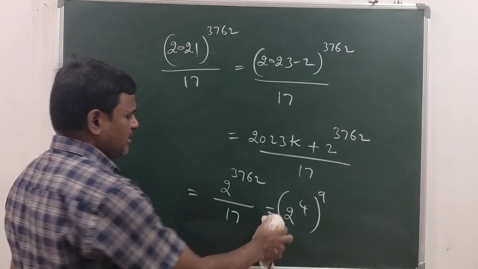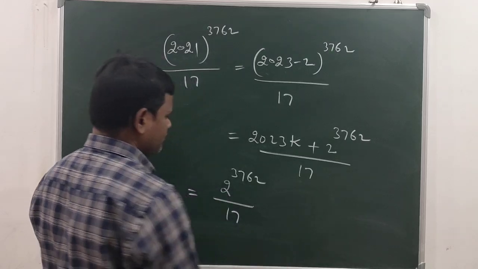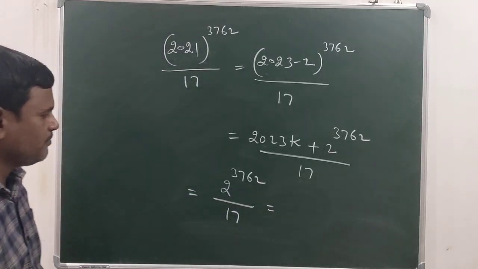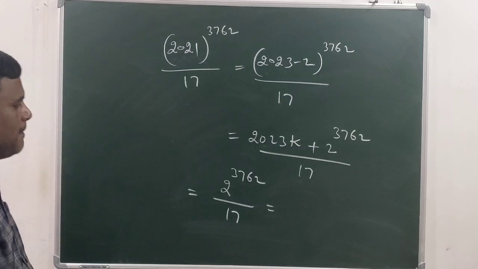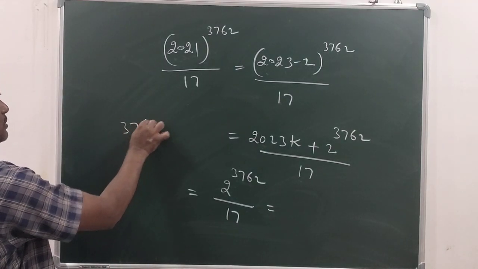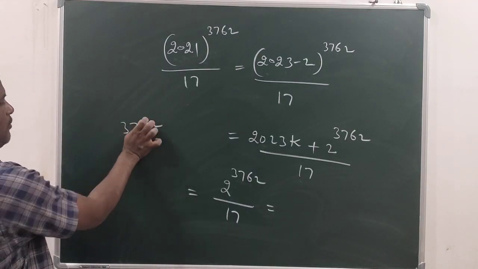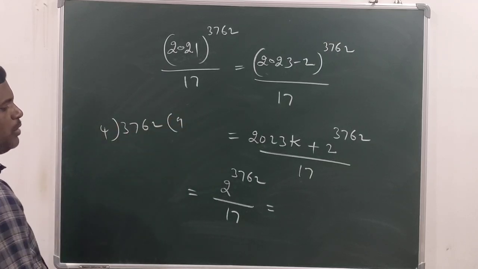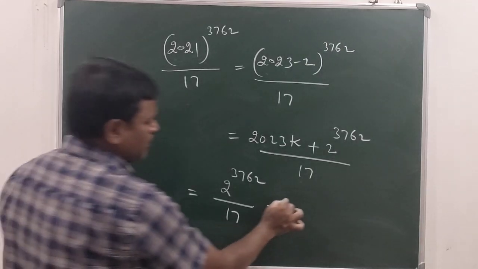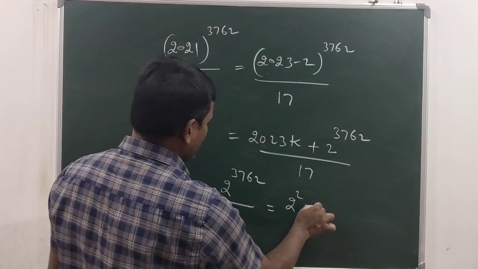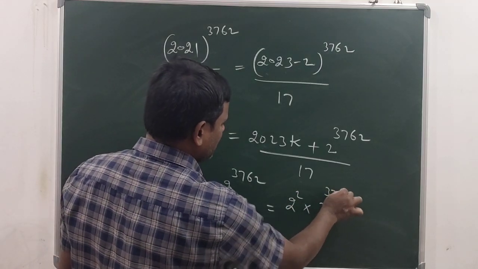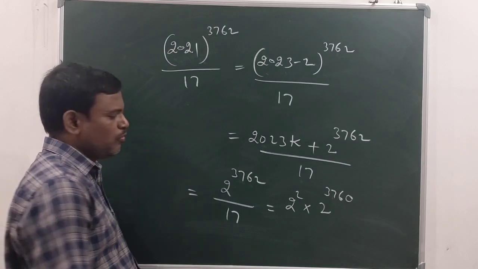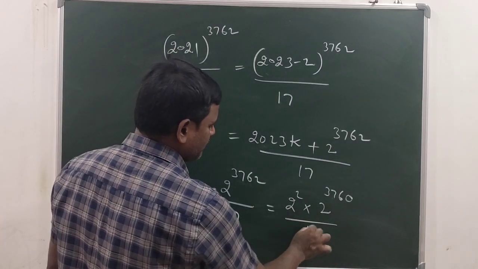So how do you write this? 2 square into 2 power 3760. Now it is exactly divisible by 4, and by 17.